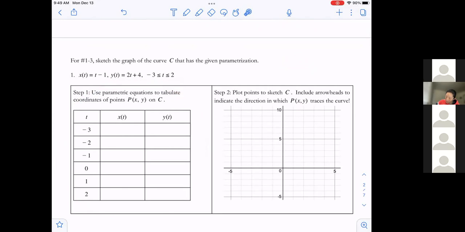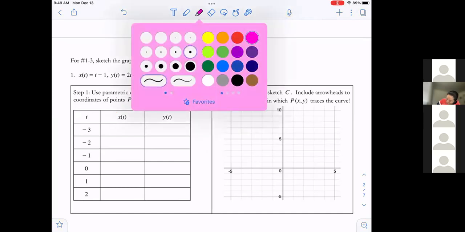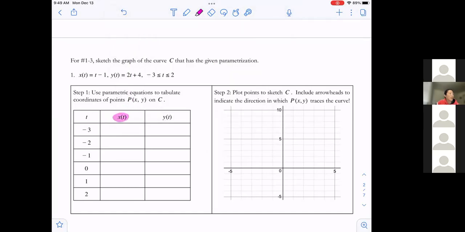And if we could take a look at the first column is x of t, all right? Can someone describe what process I might do to complete this column for x of t? Right?